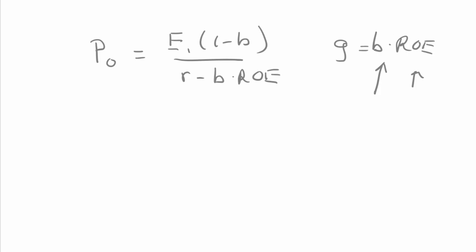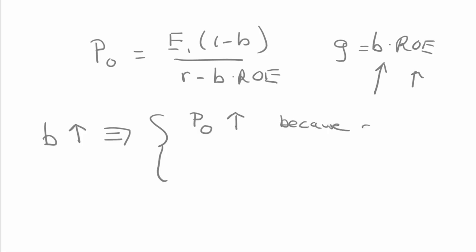Suppose you decide, hey, let's grow the company by increasing B. What could happen? Well, you might increase price. That could happen because G is higher.